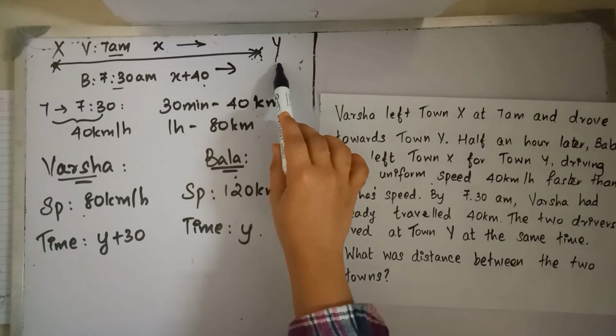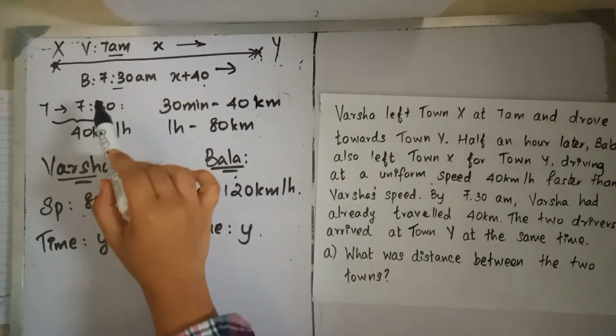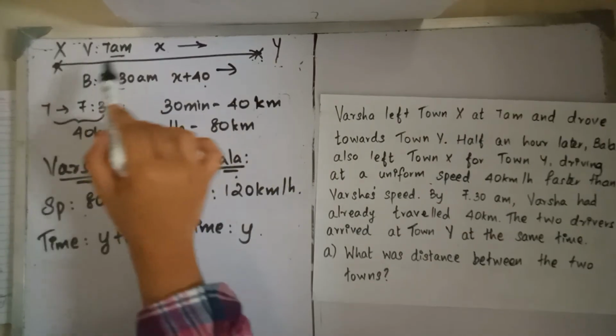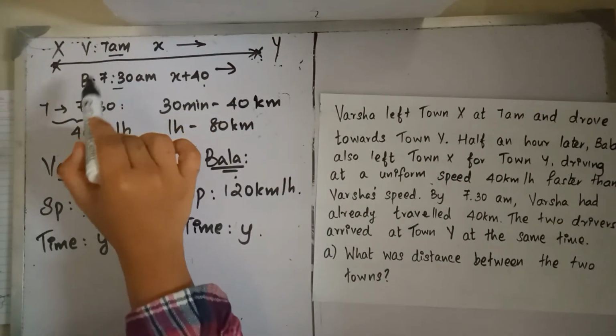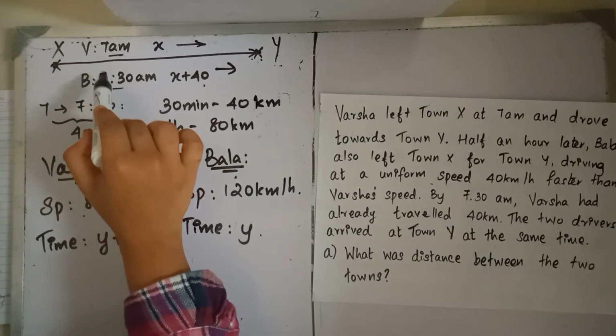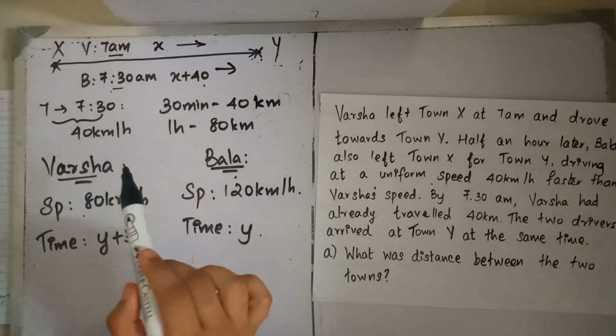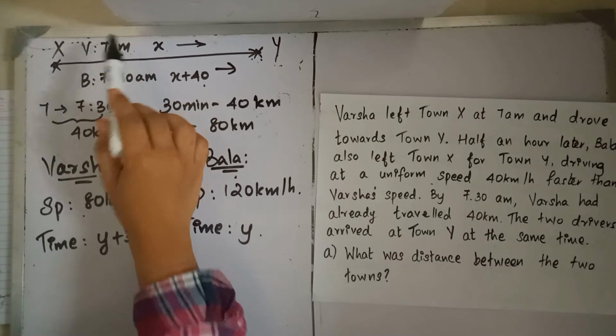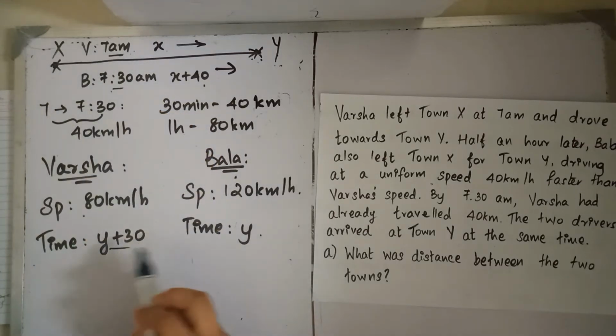Because they both reach spot Y at the same time. So however you see it, if Bala takes 5 hours, then Varsha would have taken 5 hours 30 minutes. If he takes 6 hours, then it's 6 hours 30 minutes. So that's how I got Y plus 30 and Y.